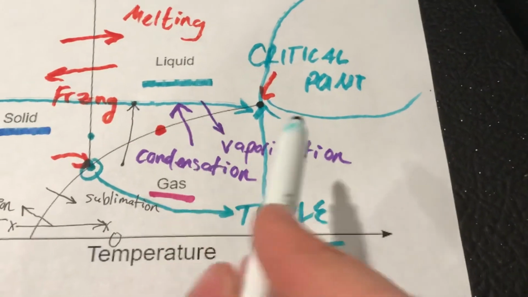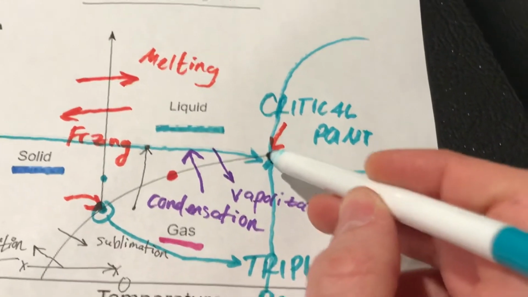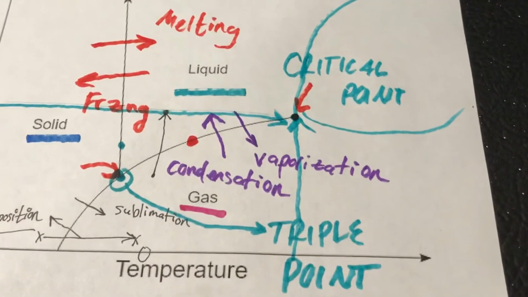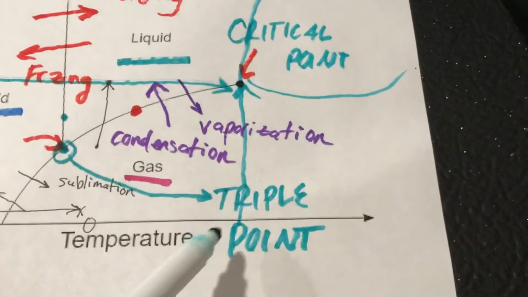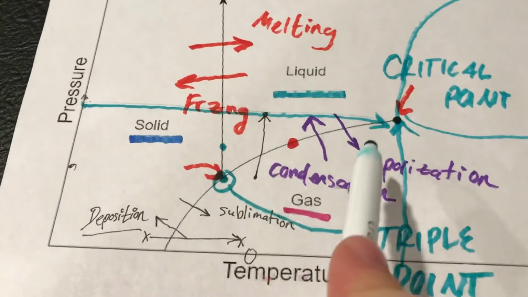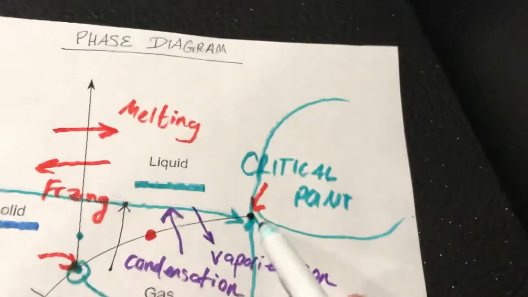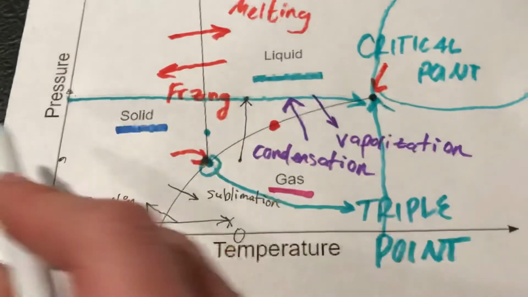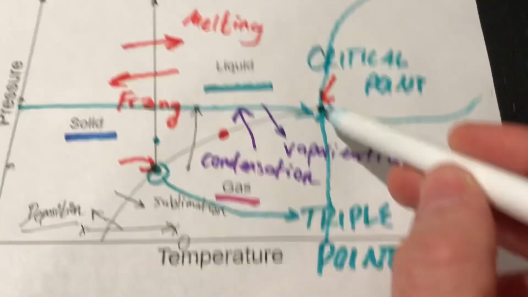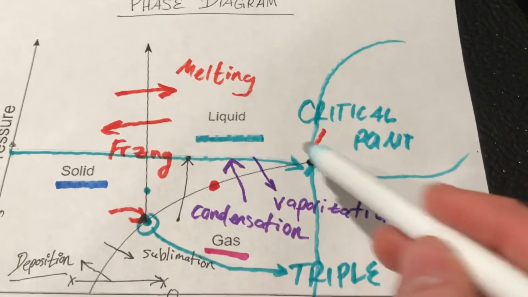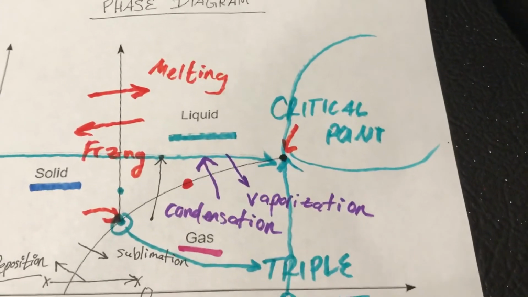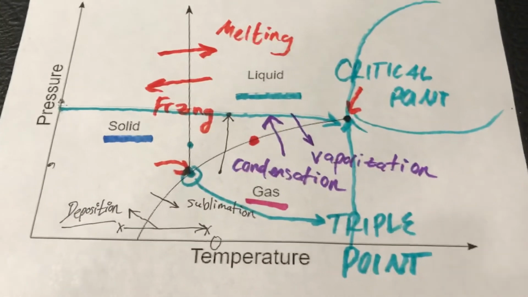You can't really distinguish between the two. So it's kind of rare to get something at its critical point because it has to be, again, under super intense heat and also pretty decent pressure. So critical point just means you're at a certain pressure and a certain temperature, and after that, the liquid and gas phases are indistinguishable. So it just looks kind of weird.